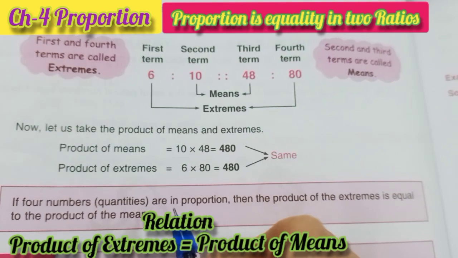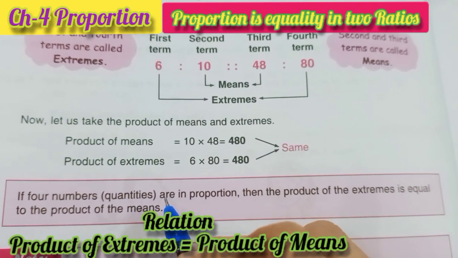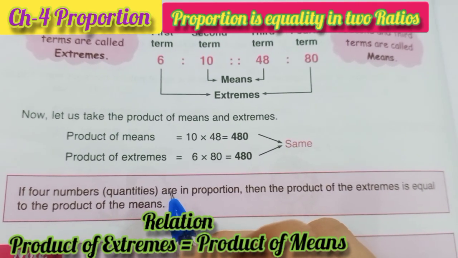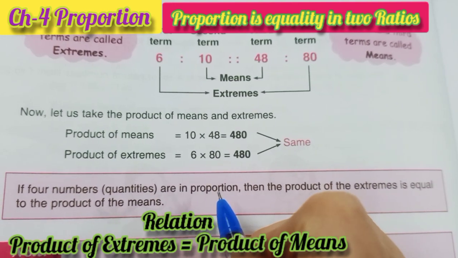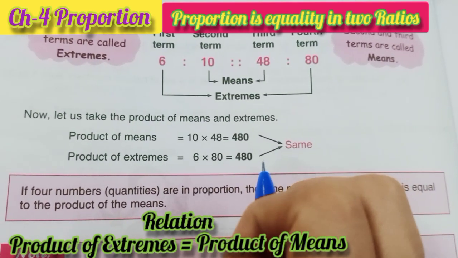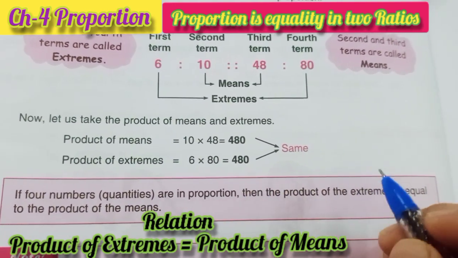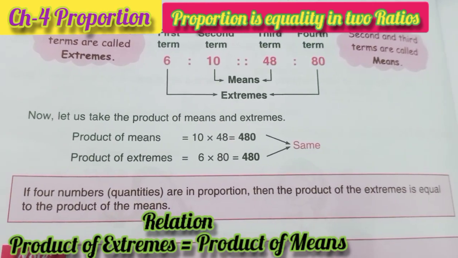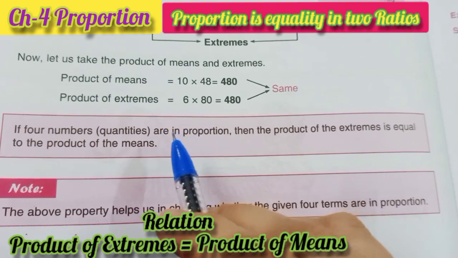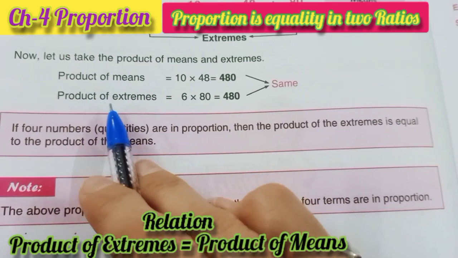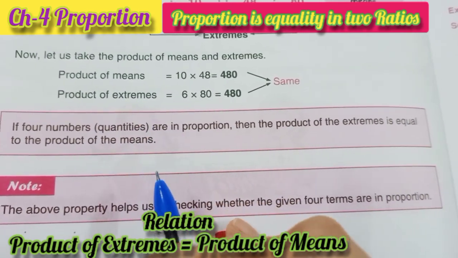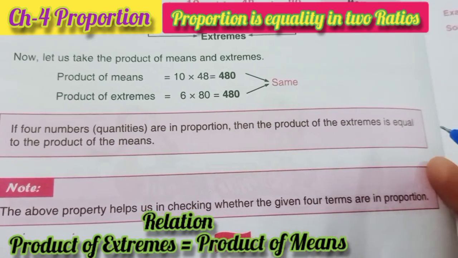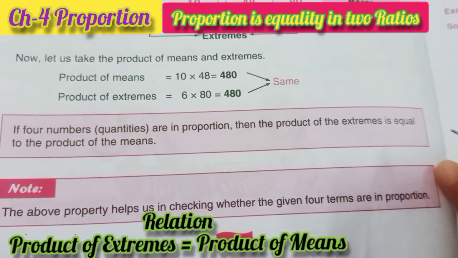Point to remember is that these four quantities must be in proportion. When these are in proportion, then only the product of extremes and means are equal. And from this property, that the product of extremes and the product of means are equal, we can find whether four terms are in proportion or not.